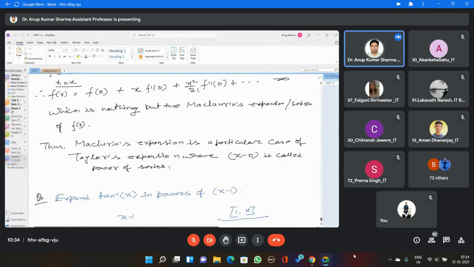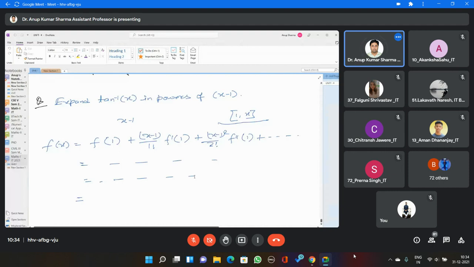What we get is the power of x minus 0, that is the power in both the Taylor series and the Maclaurin series. Taylor series is about any point, Maclaurin series is fixed about the origin, or 0. So one question: expand tan inverse x in powers of x minus 1. This is about the point 1, so the interval is 1 to x, not 0 to x.